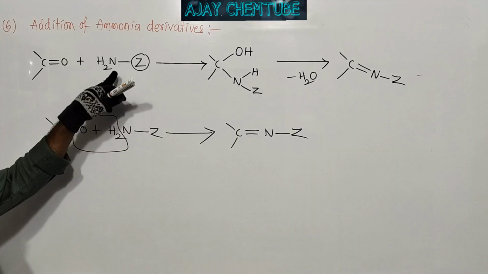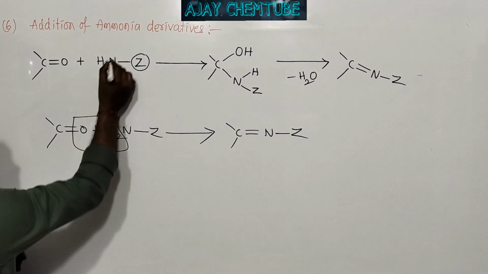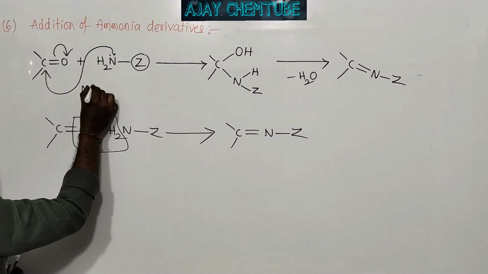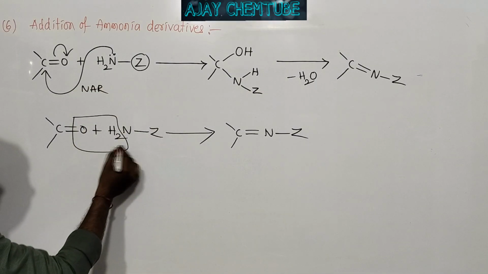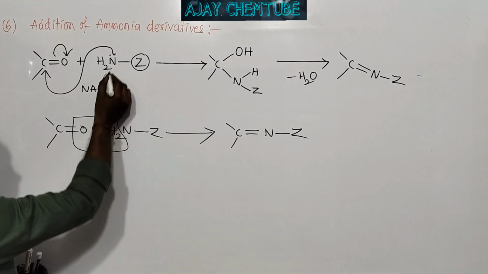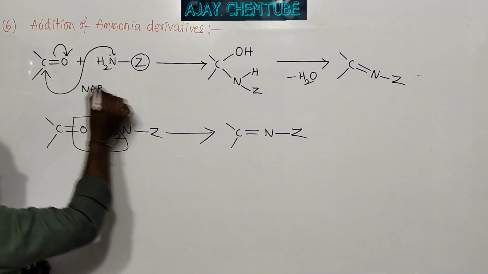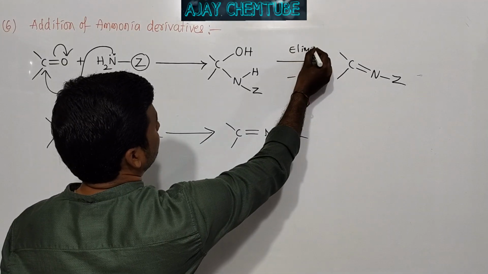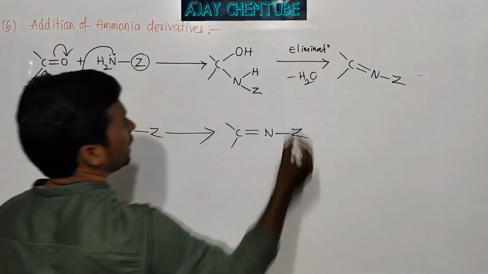Of course, the reaction takes place by the nucleophilic addition reaction mechanism, but to write the equation, write the direct product, the fast method. So don't write nucleophilic addition followed by elimination, this is a late process.